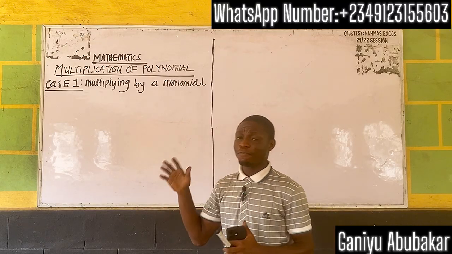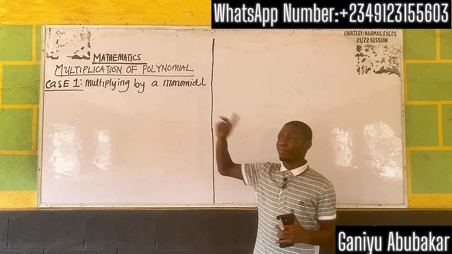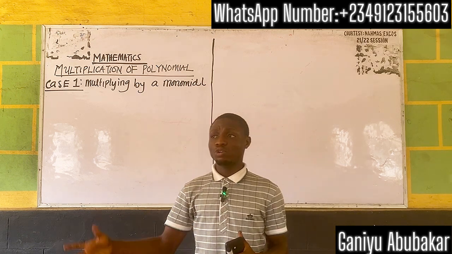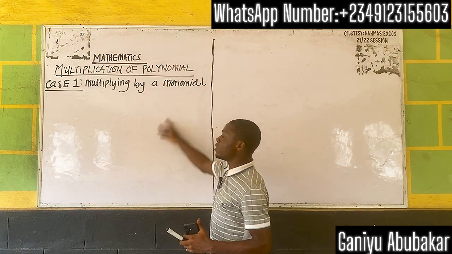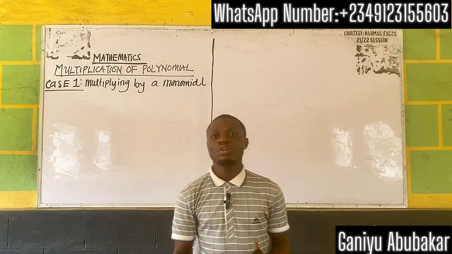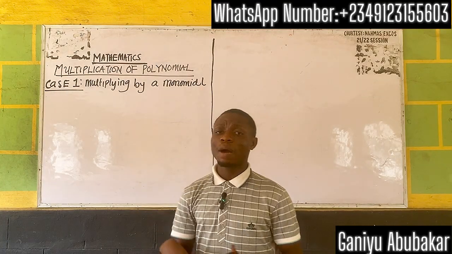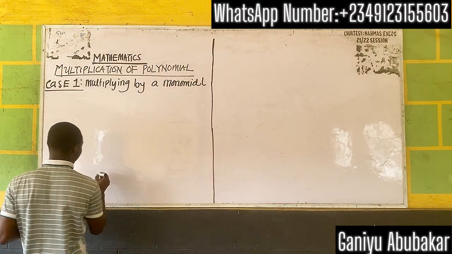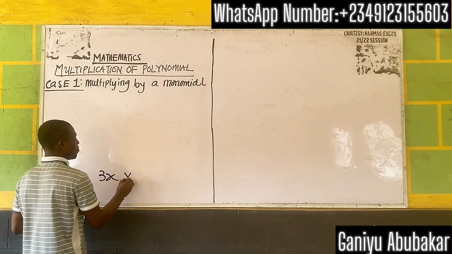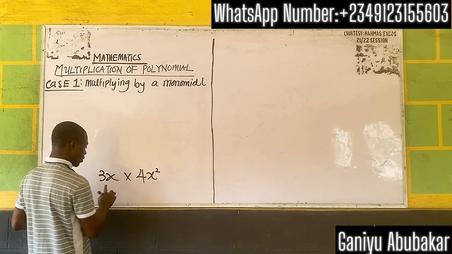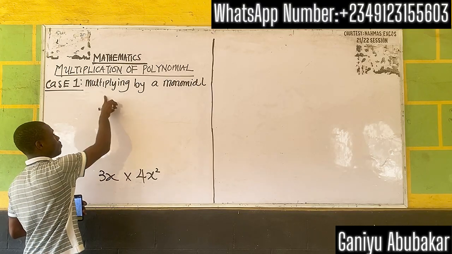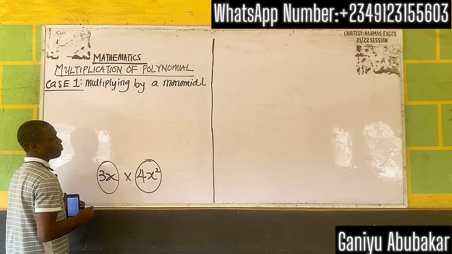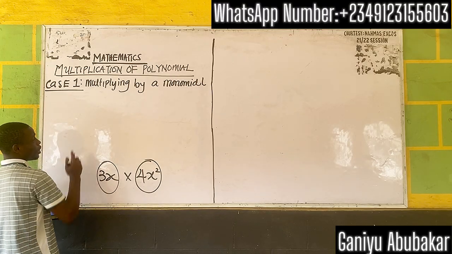We said there are four: monomial, binomial, trinomial, and polynomial. Monomial means one term. So multiplying monomials means multiplying one term with another term. If I have 3x multiplied by 4x squared, this is an example of multiplying by a monomial. One term times another term.